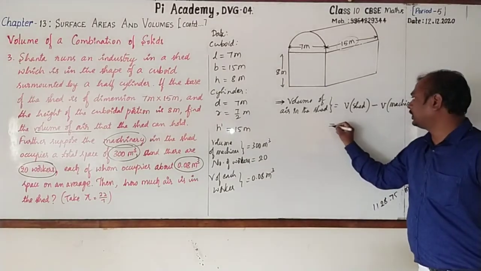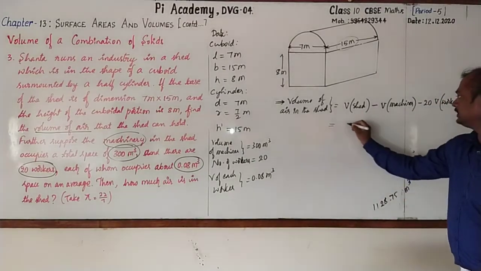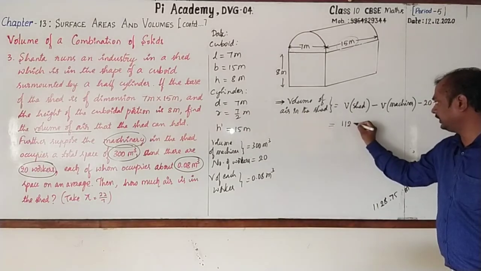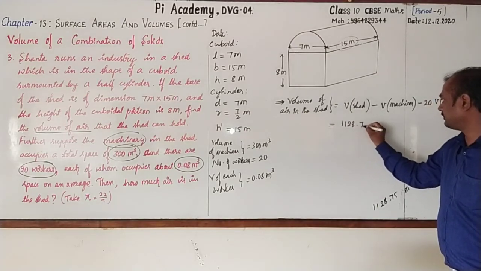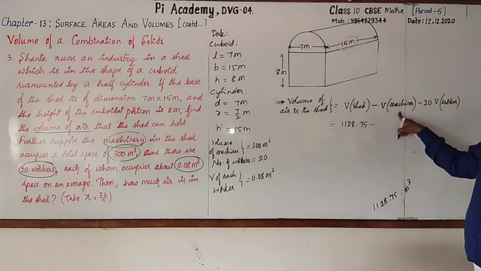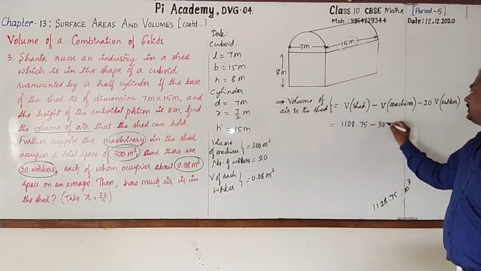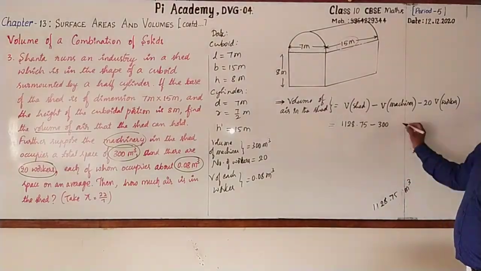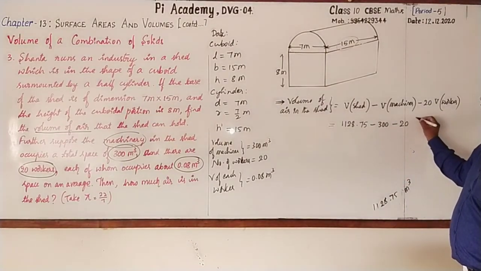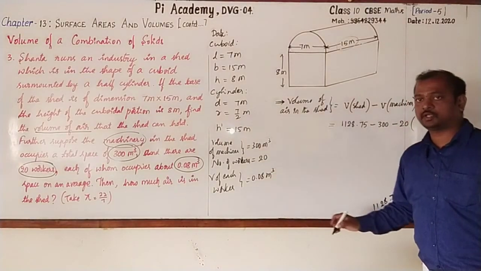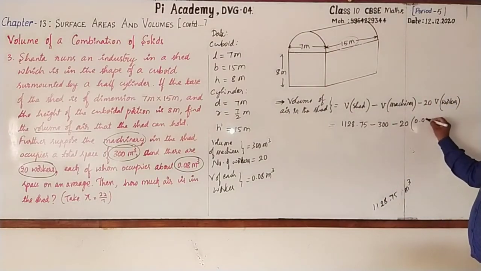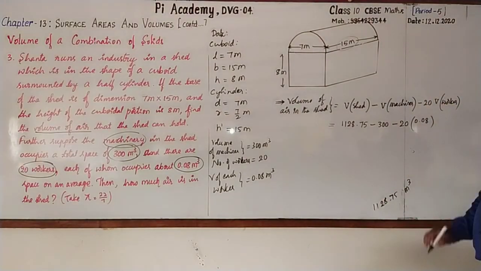It's equal to, what is the volume of the shed? It is 1128.75 meter cube. Volume of machines, it is 300 meter cube. It is also meter cube, minus 20 into volume of each worker, it is 0.08 meter cube.